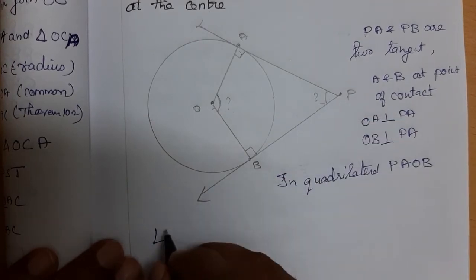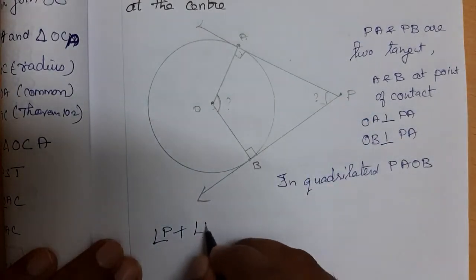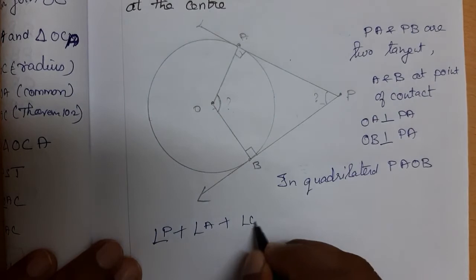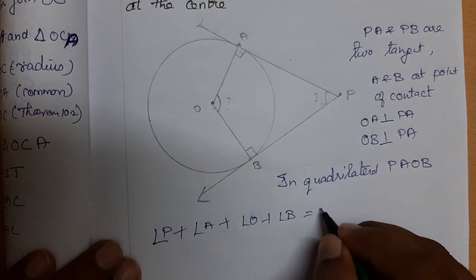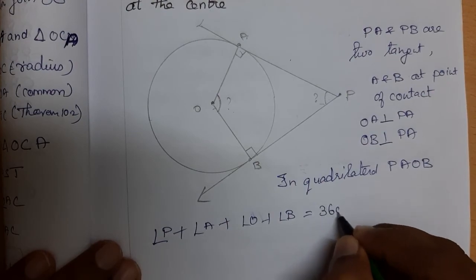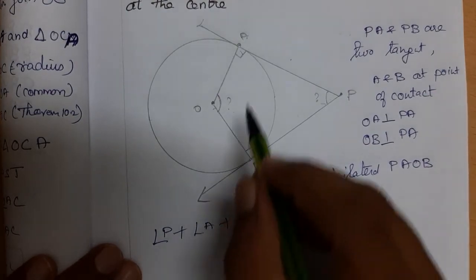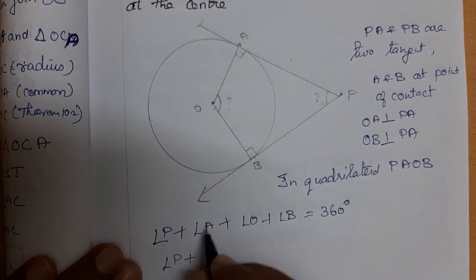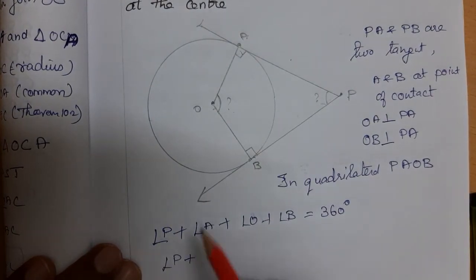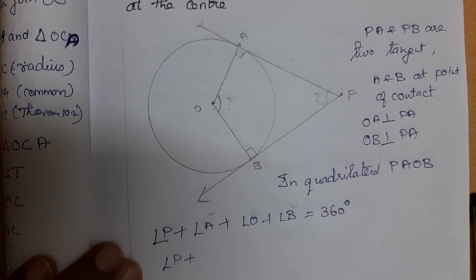So angle P plus angle A plus angle O plus angle B, if we add, should be 360 degrees, right? We already know that angle A and angle B are 90 degrees.